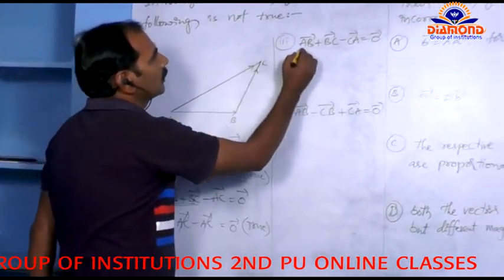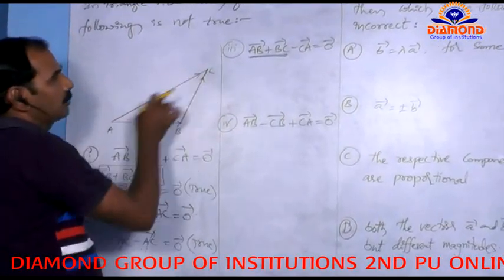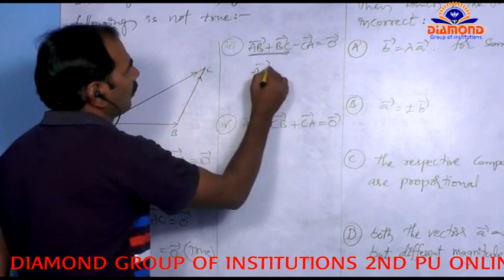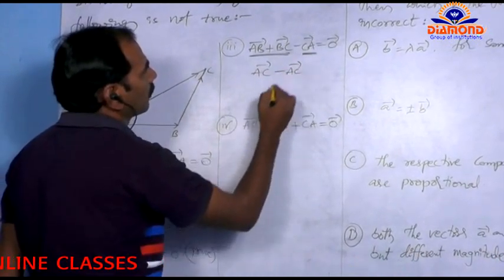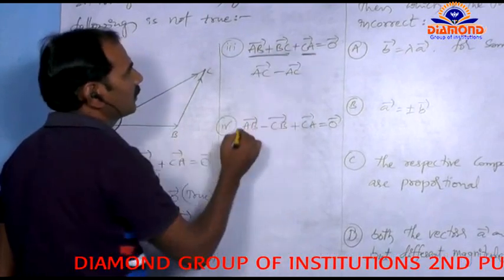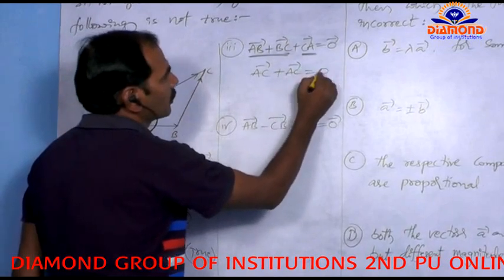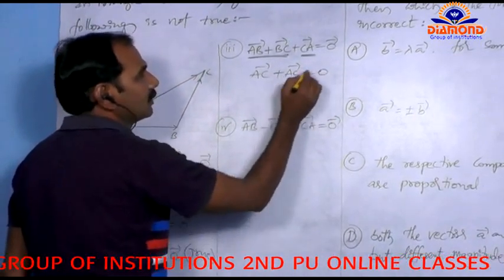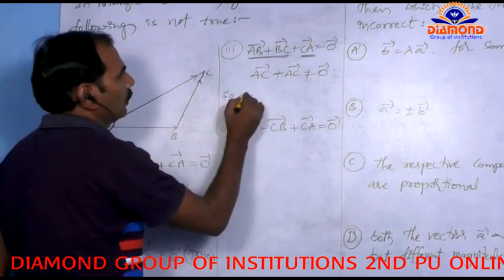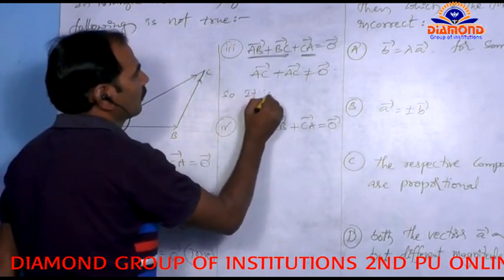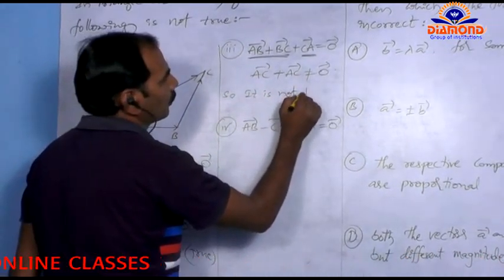Here the value is AB plus BC, which is AC bar, minus CA, and CA means AC bar, so this is plus and the result is not equal to 0 bar. So it is incorrect, not true.